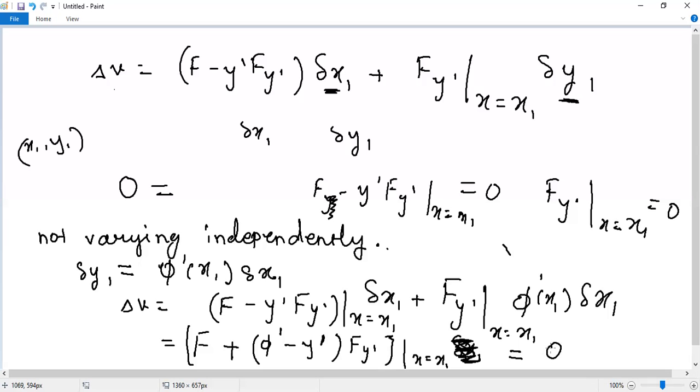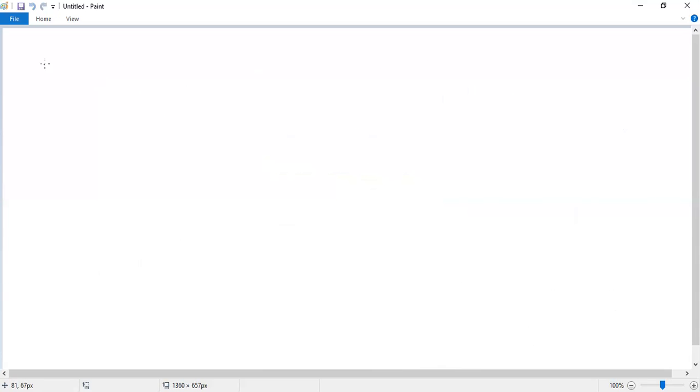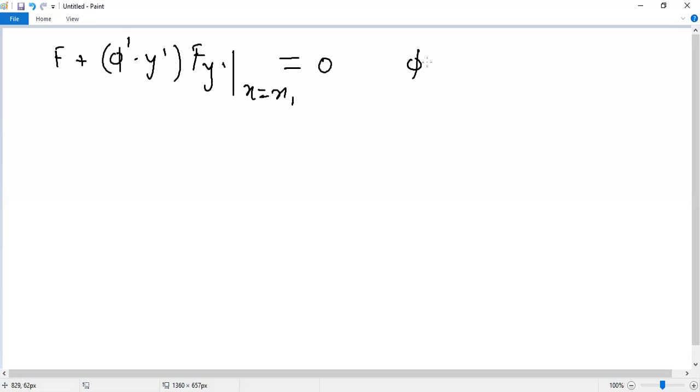And this gives us a condition at the free boundary point. Free boundary point means which point? It is this point x1 comma y1. So it is this condition that should be satisfied at this point. The condition is f plus phi dash minus y dash into f y dash at x equal to x1 equal to 0, and this at the point where x1 is equal to y1, because we have said that delta x1 and delta y1 are not varying independently.